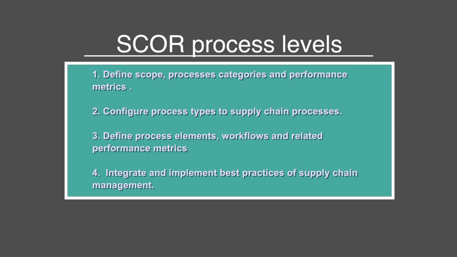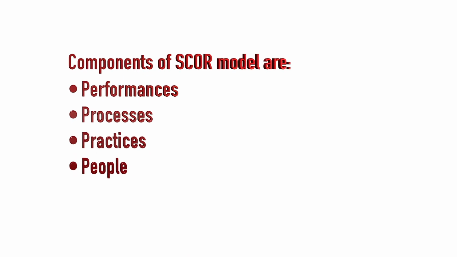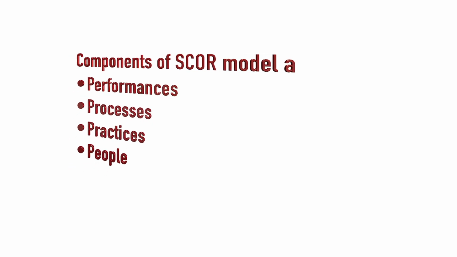Configure process types to supply chain processes. Define process elements, workflows and related performance metrics. Integrate and implement best practices of supply chain management. Components: performance, processes, practices and people.